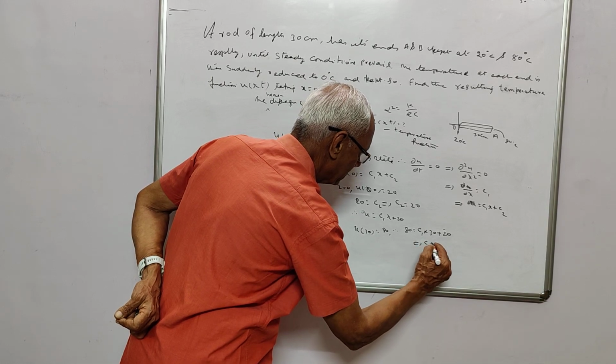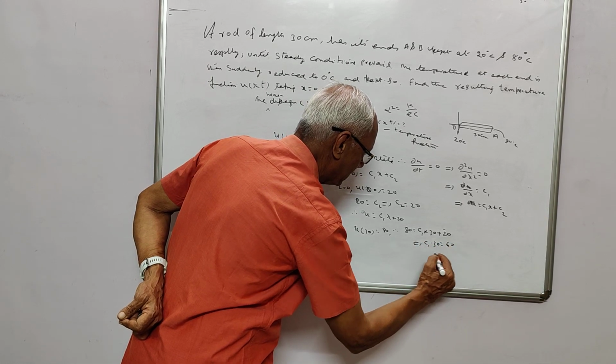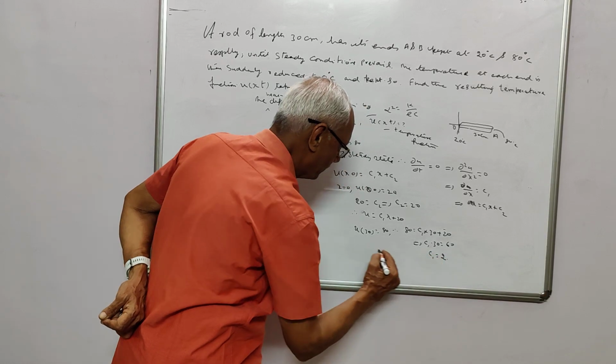This implies C1 into 30 is equal to 60, or C1 is equal to 2.